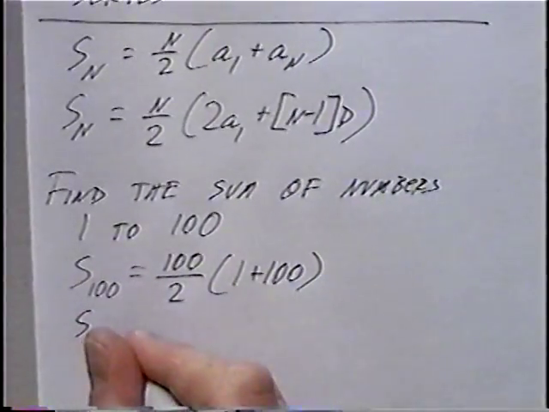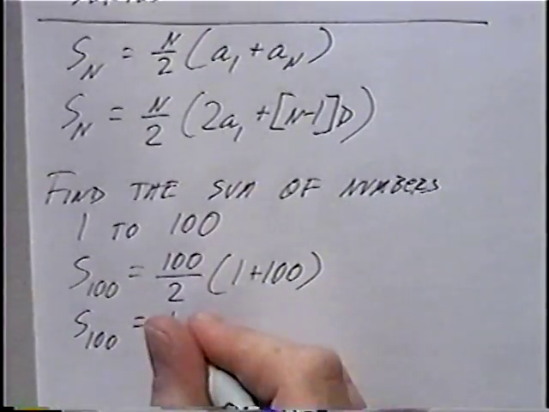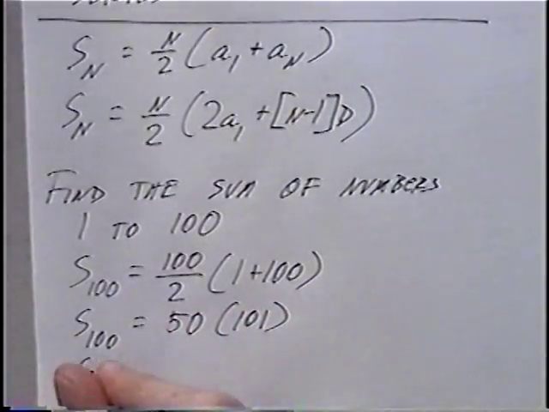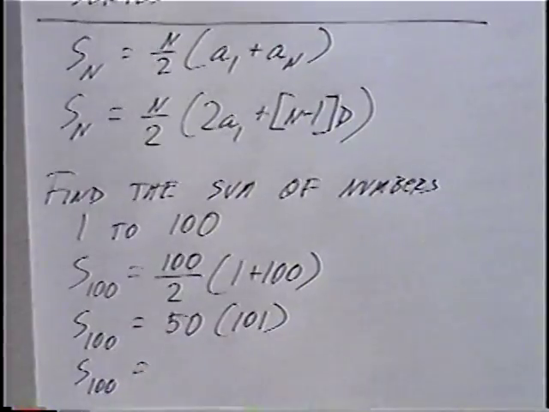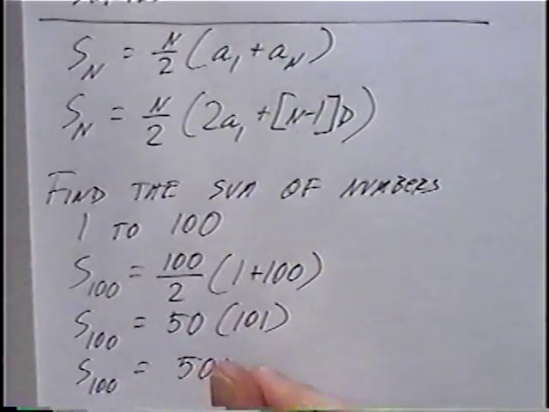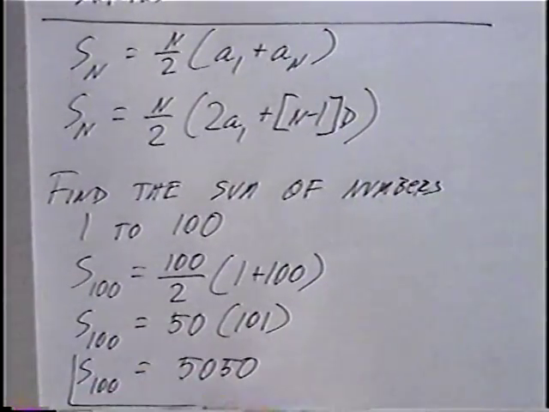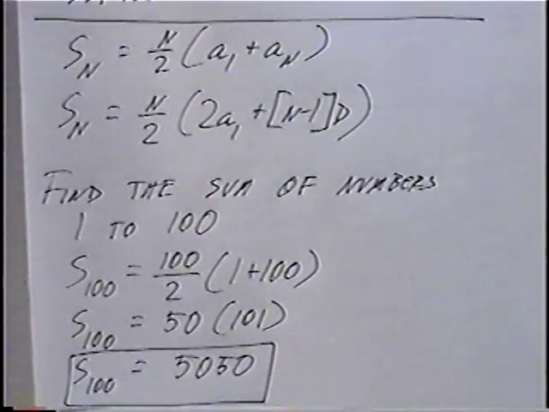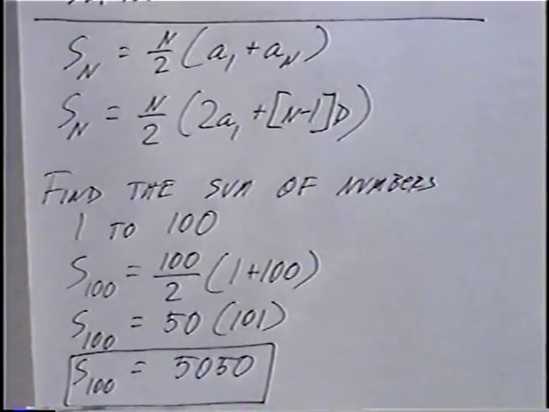So the sum, or S 100, would be 50 times 101, which would equal 5,050. So summing all the numbers from 1 to 100, it adds up to 5,050.